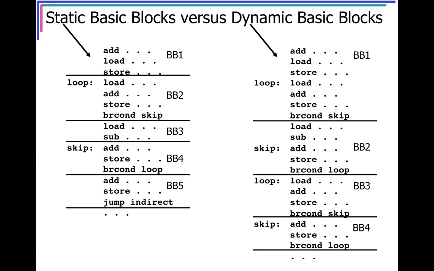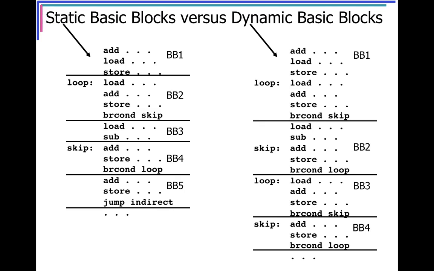You can see the difference between static basic blocks and dynamic basic blocks by looking at the example on the right. In this example, we start executing the program, and we just execute instruction after instruction and write down the instructions as we go. Whenever we hit a conditional branch, we draw a line that ends the basic block we are currently in. The next instruction that we continue with starts the next basic block.